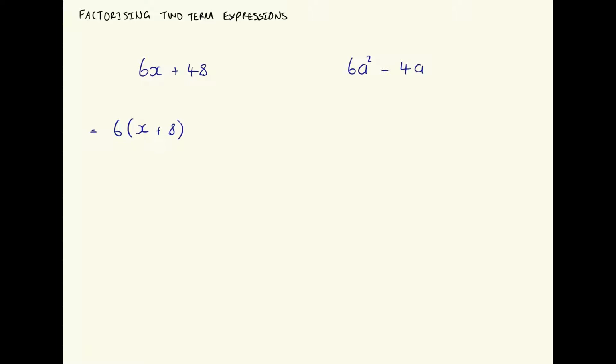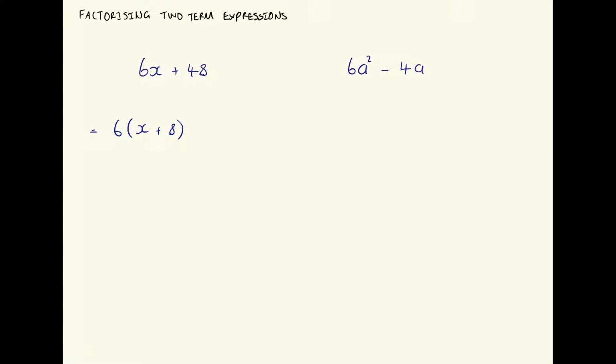What makes this a little bit more difficult is that this first a is actually being squared. And so the highest common factor of a squared and a is not a squared, it's just a, okay? On this term, it's a times a, or a squared, but the only common factor between a squared and a can only be a.